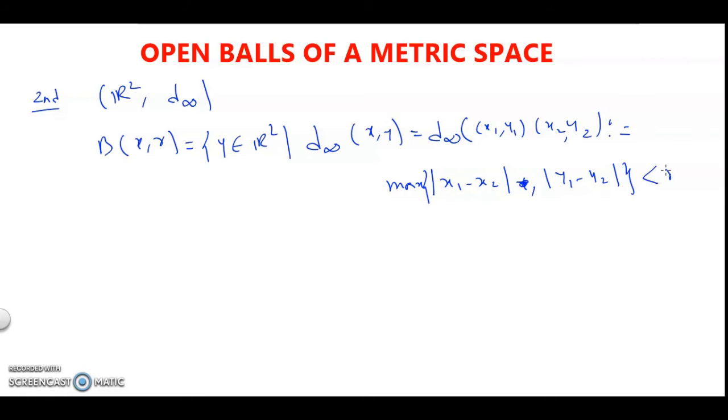This should be less than r. This is the definition of B(x, r). Okay, now you got it, I think.